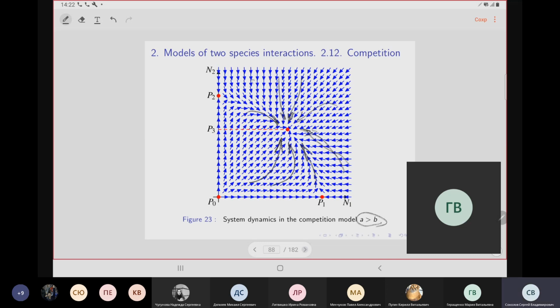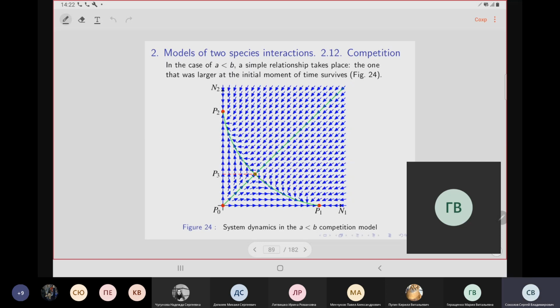And another picture. It is more interesting. If B is greater than A, then we see the green line, this one. The green line simply reflects the fact that whichever population is bigger at some point, this population will survive.